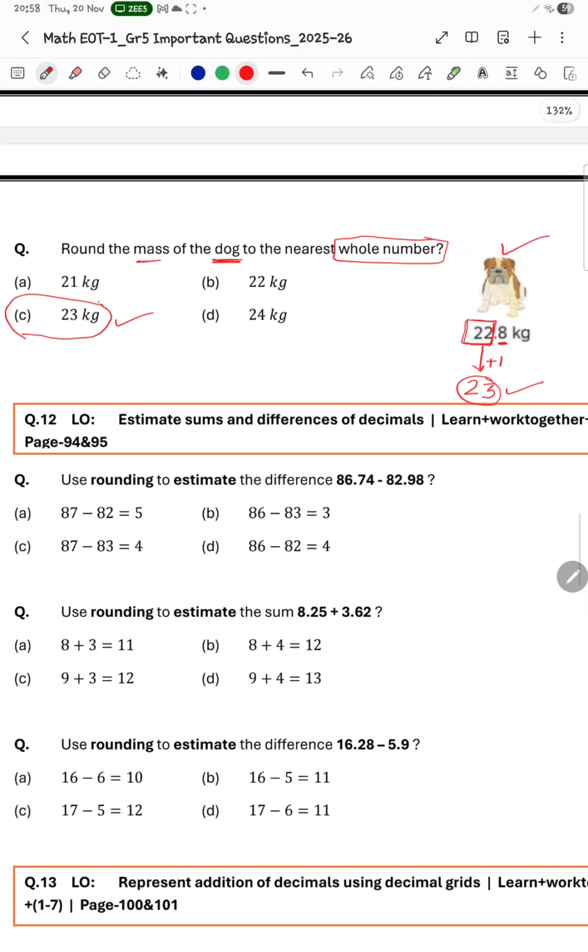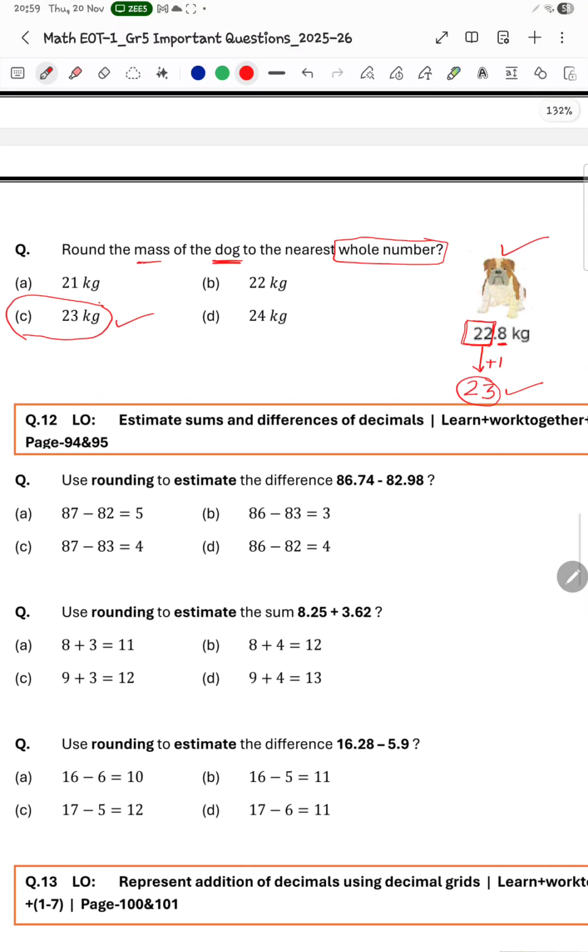Now you will get one more question like this, where they are asking to round to estimate the difference. Estimate and rounding, if you see, that means you have to round to the whole number. Round, okay?